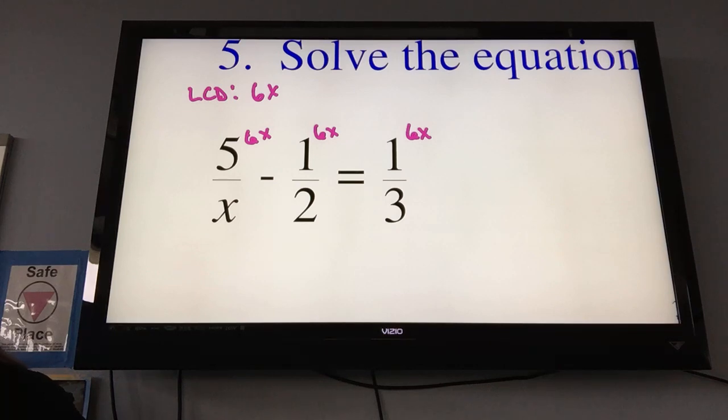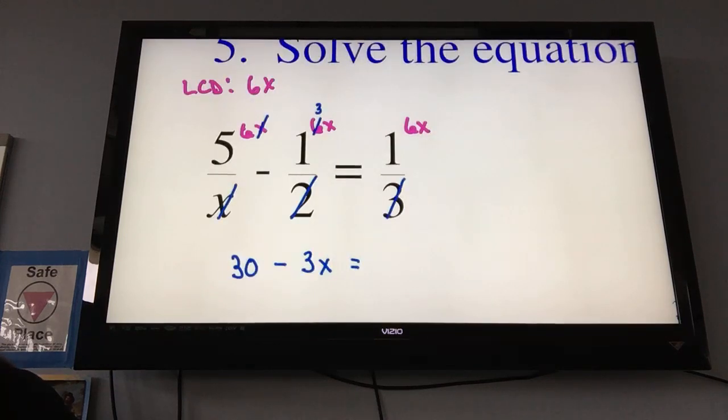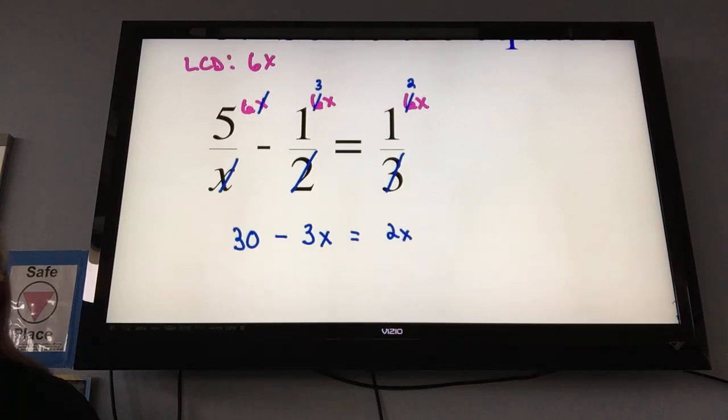On the first term, x will cancel with the x up there, leaving me 5 times 6 up top, which gives me 30, minus, on the second term, 2 cancels, divides into 6 3 times, leaving me 1 times 3x, or 3x, equals, and then 3 cancels, divides into 6 2 times, leaving me 1 times 2x, or 2x. So that's the new part. Those are the first 4 steps.